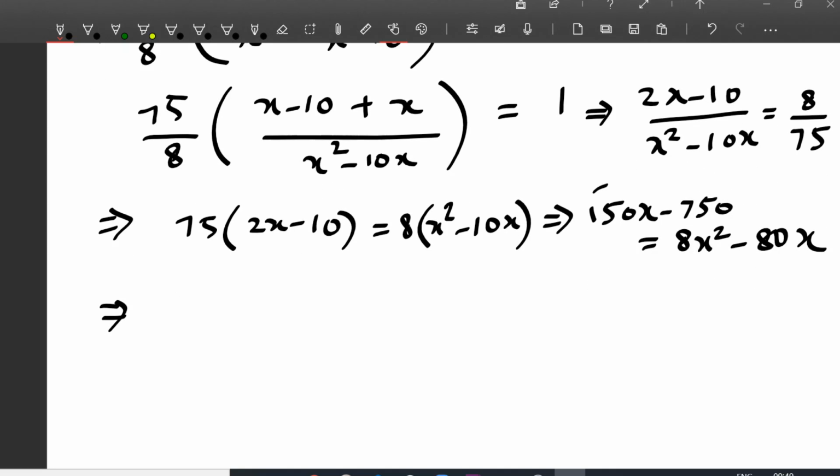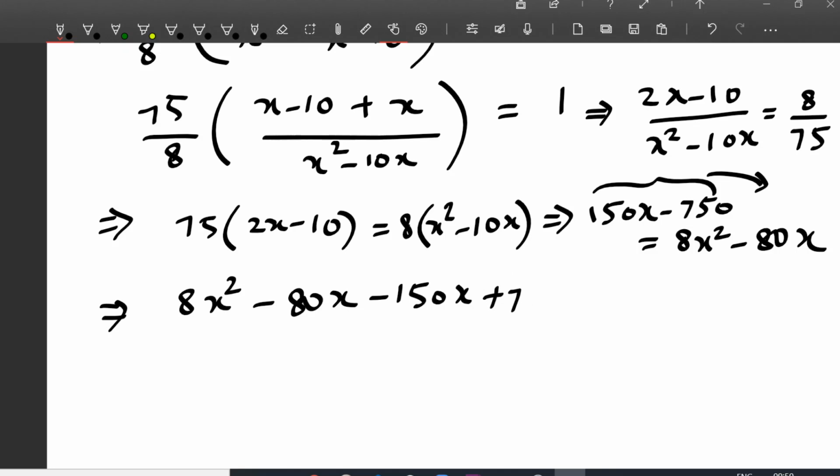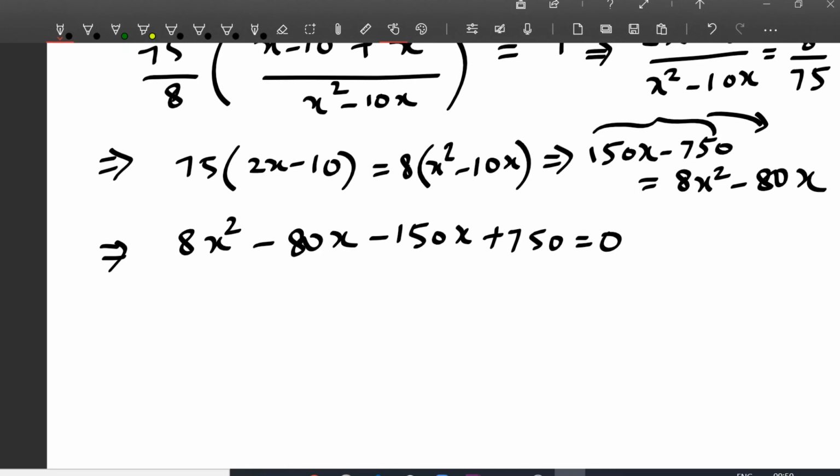Then what you get is 8x square minus 80x minus 150x plus 750 will be equal to 0, because the minus 750 will turn to plus 750. So which will give us 8x square minus 230x plus 750 will be equal to 0, because minus 80 minus 150 gives us minus 230x.